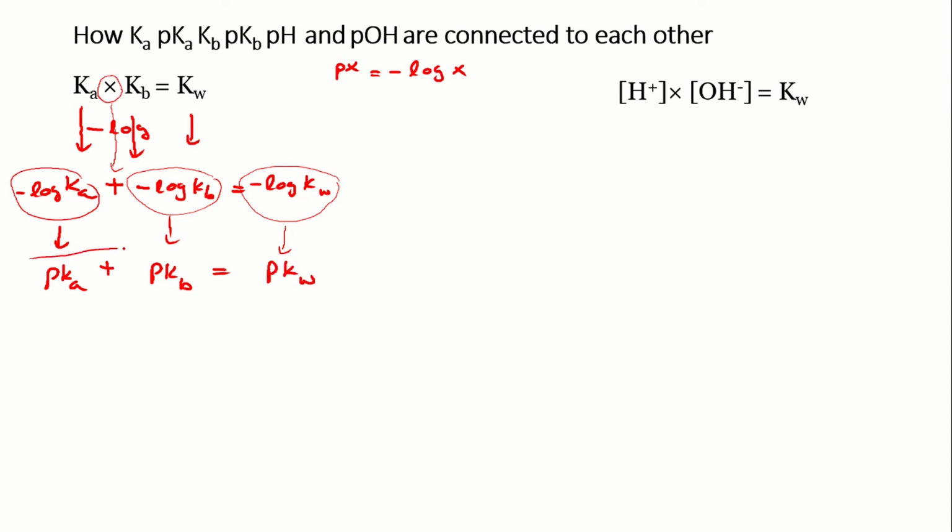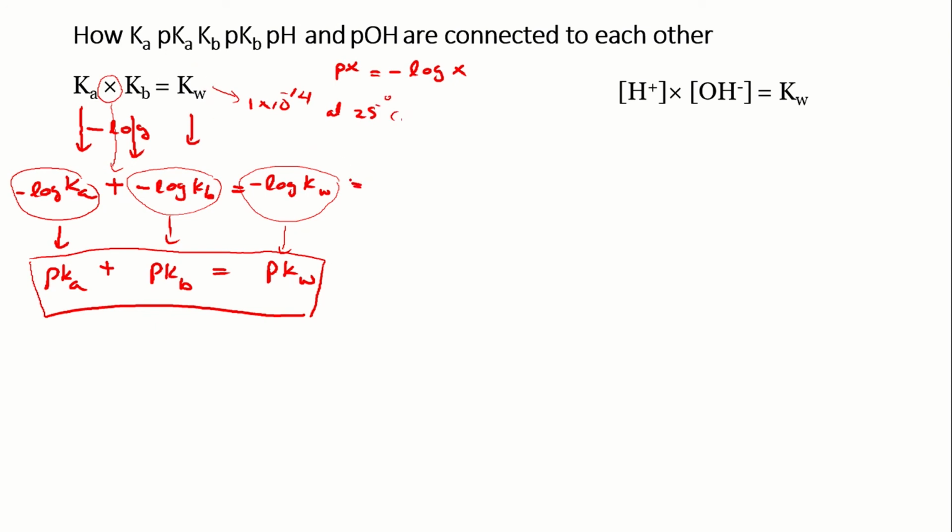Now this is another important expression that you are required to know. At 25 degrees Celsius, I mentioned that Kw is found to be this value at 25 degrees Celsius. So I would just keep on writing the number.